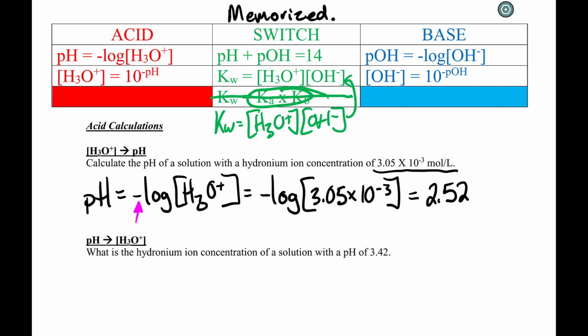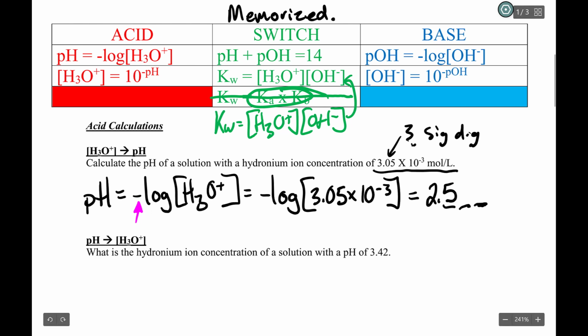Now, this looks like the right number of significant digits because this is 3 significant digits. But in reality, the number of significant digits actually represents the number of decimal places in a pH value. Now, the number of decimal places right now is 2. I actually need a third.